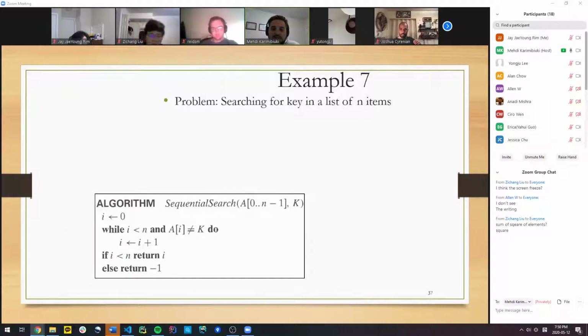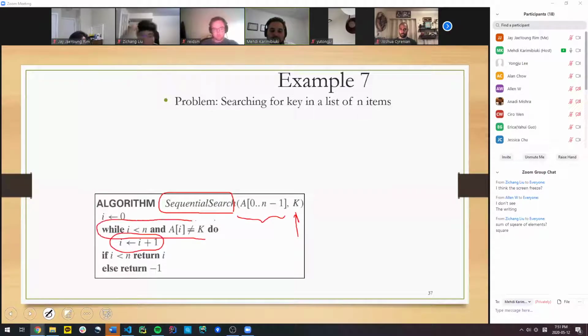So we have an example here. We are searching for a key in a list of n items. We have our function called sequential search. There is an array coming, and there is a key coming with it. We are essentially walking through all elements in a while loop.